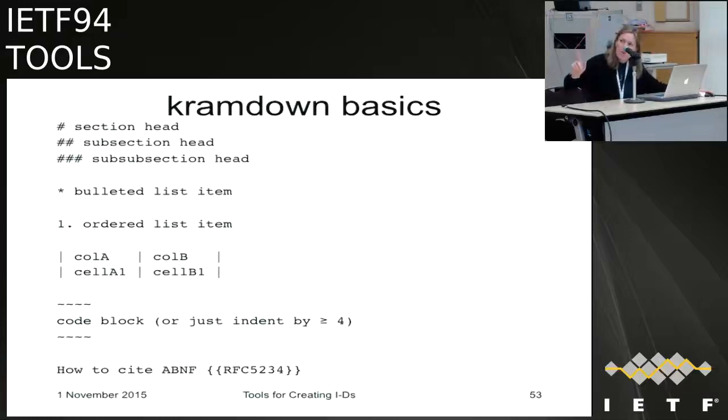Where it says code block or just indent by greater than 4, so there's 4 tildes in a row there. And that's basically going to create a figure artwork in the XML output. And then every time you want to cite a document, you use curly braces, and that's going to be the equivalent of like xref target equals blah.